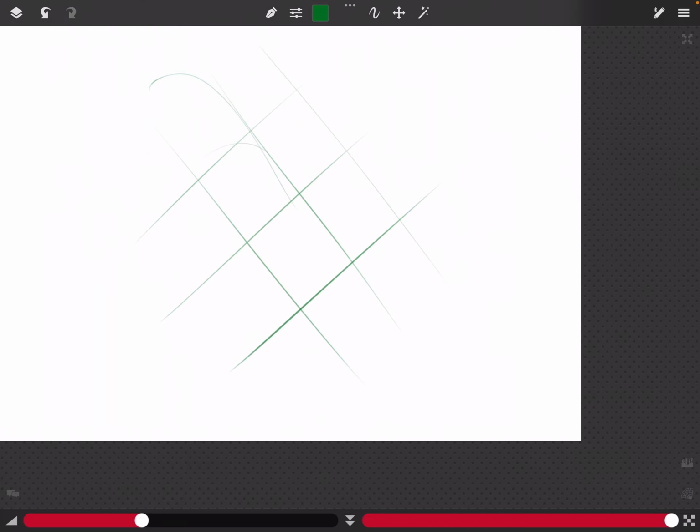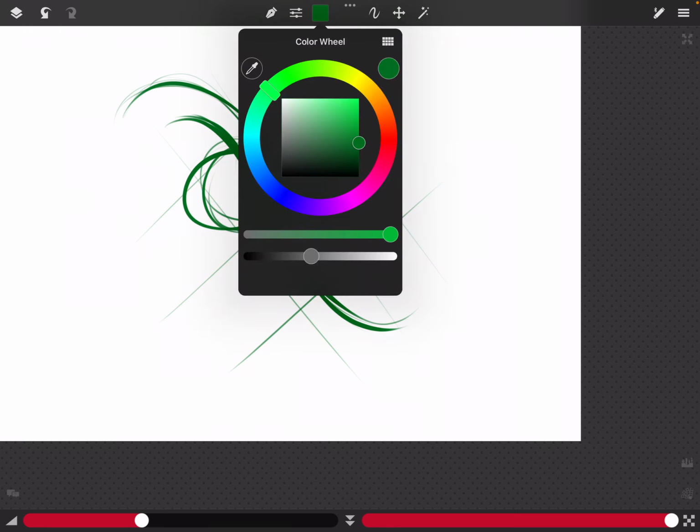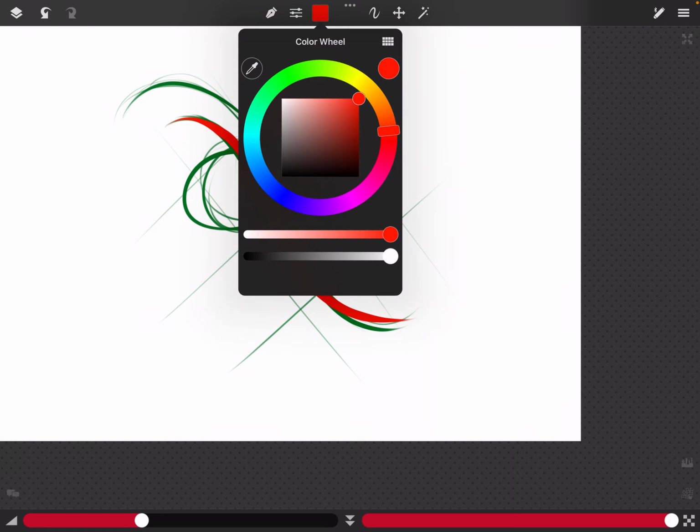So an A, and P. Let's do the P up here. Look at that. Kind of looks like a P and an A. Let's make it obvious that they're different. There's the P, and there's the A.